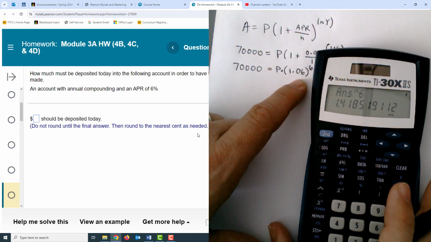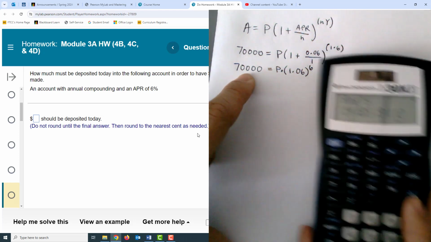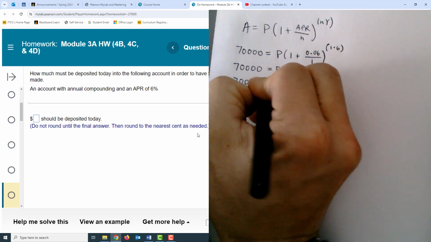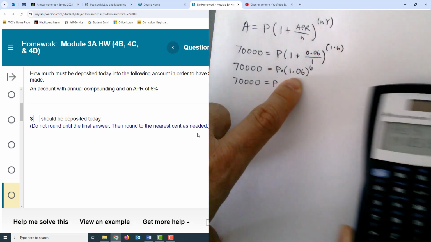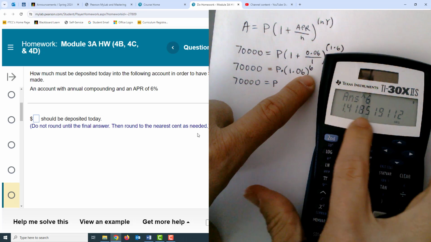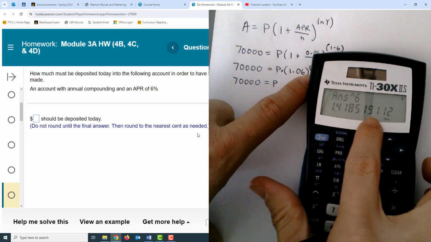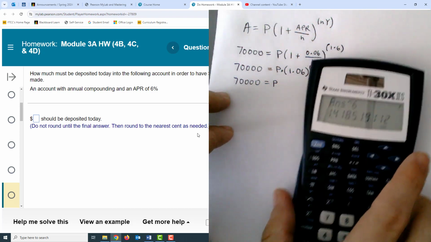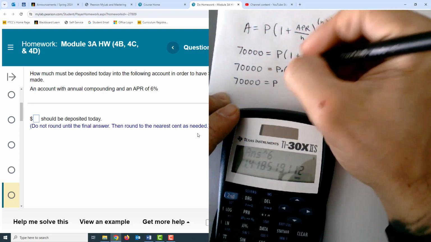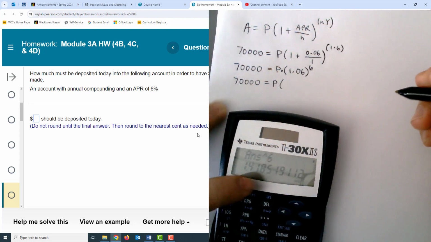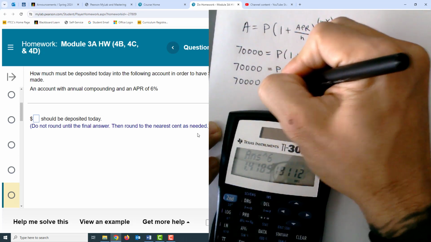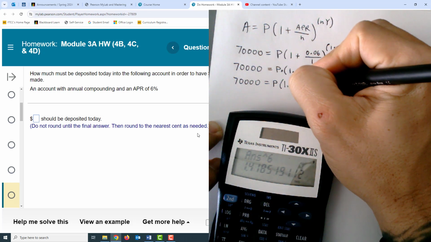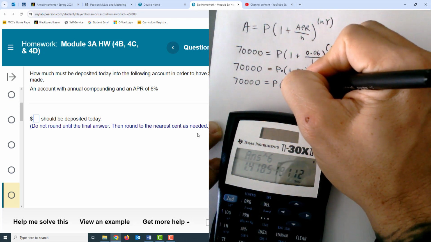So show your steps. 70,000 equals P. 1.06 to the 6th power is approximately this, but I don't want to cut off any of these numbers. I actually want to write everything I see. And so I'm going to put that down here and make sure I do not make a mistake writing this down. One small mistake can cost me a lot of money in this case, because this is a money problem.